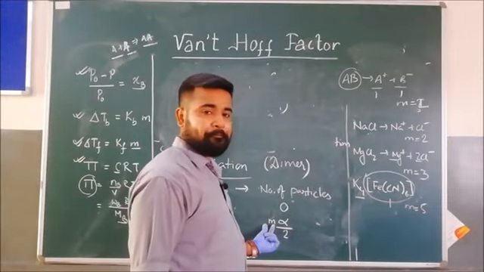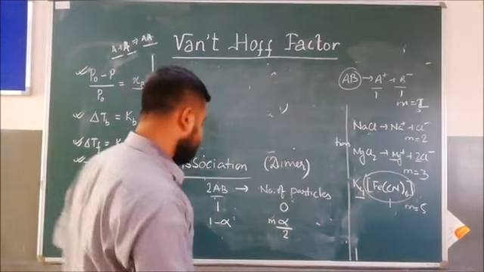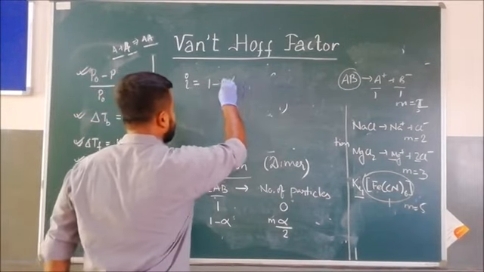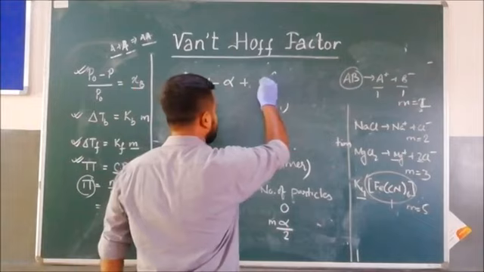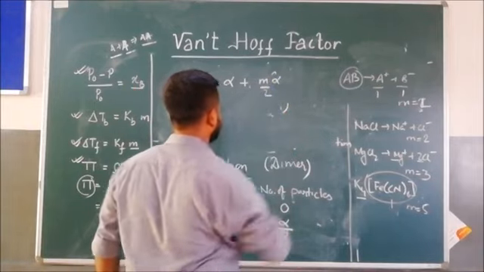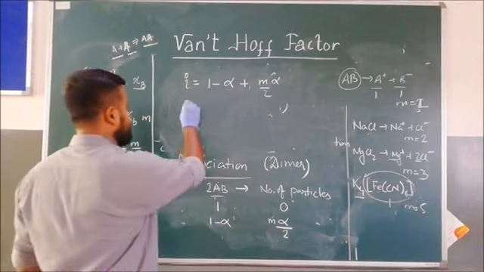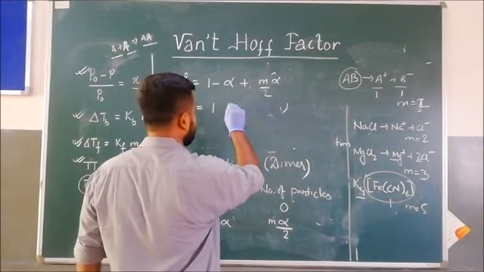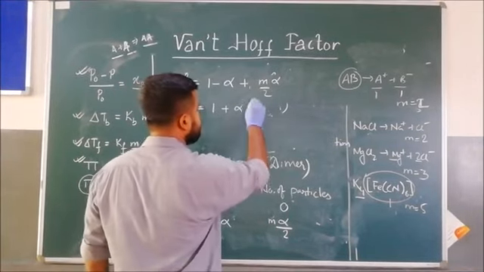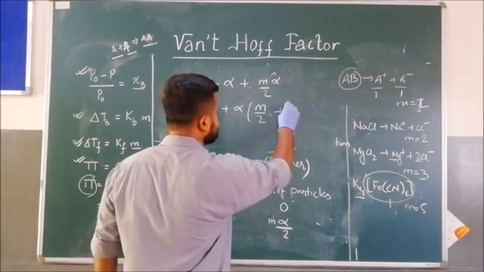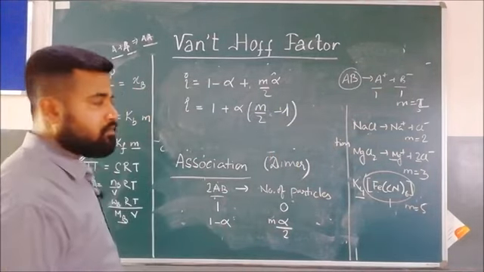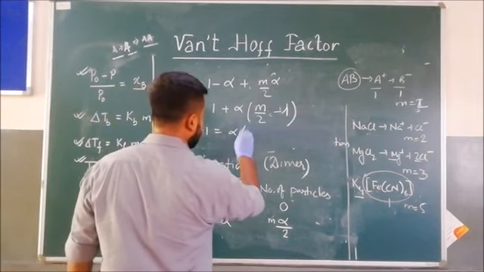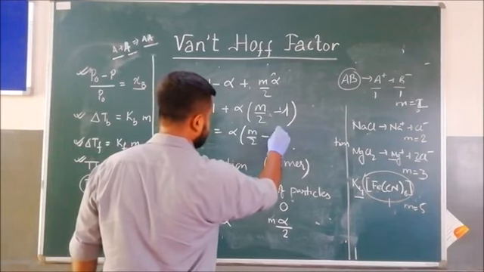That's why we put M here. So we can write i equals 1 minus alpha plus M alpha by 2. Taking alpha common, i equals 1 plus alpha into (M by 2 minus 1). So i minus 1 equals alpha times (M by 2 minus 1).